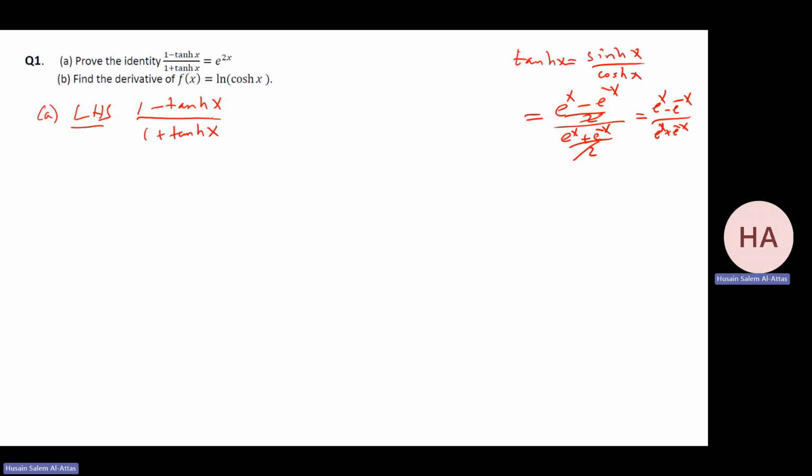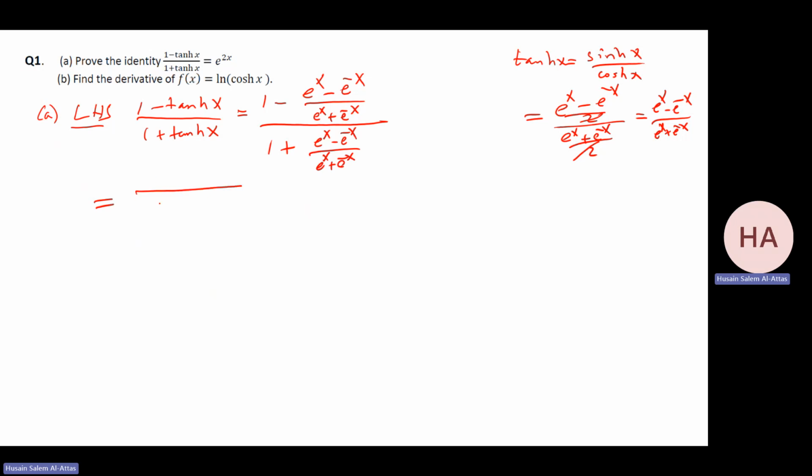Okay, let me plug the numbers. Getting 1 minus, and do the calculation, over 1 plus the same quantity. Now do the simplification.